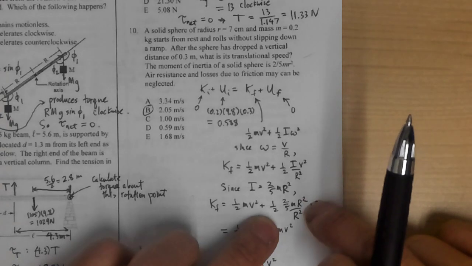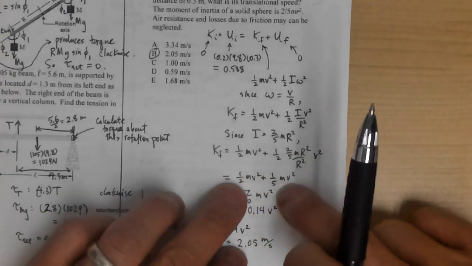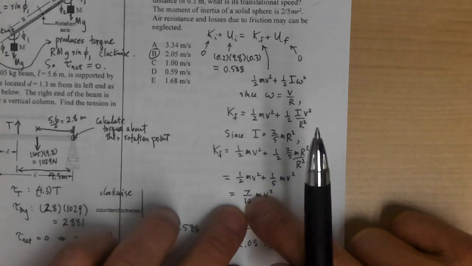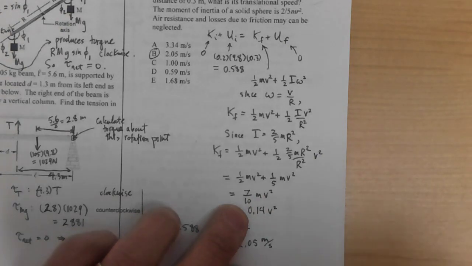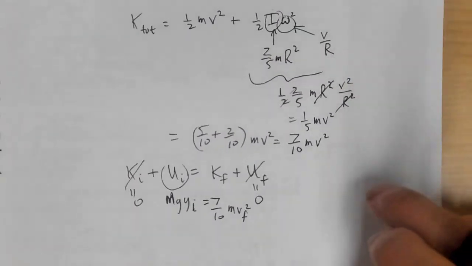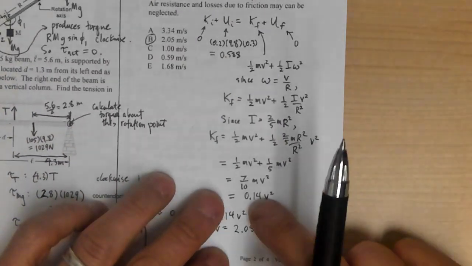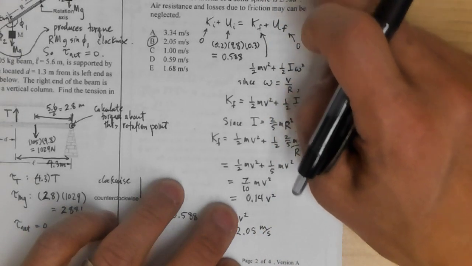We did exactly this before. So we have 1/2 mv squared, these numbers should look familiar, plus 1/5 mv squared. That's what we just did, and so that comes out to 7/10 mv squared. If you're not believing that that's what we got before, here's the work we had before. Now then we put in the mass, 0.2.